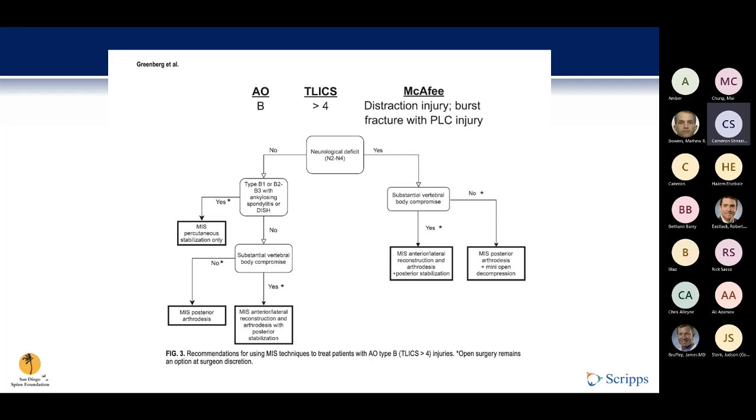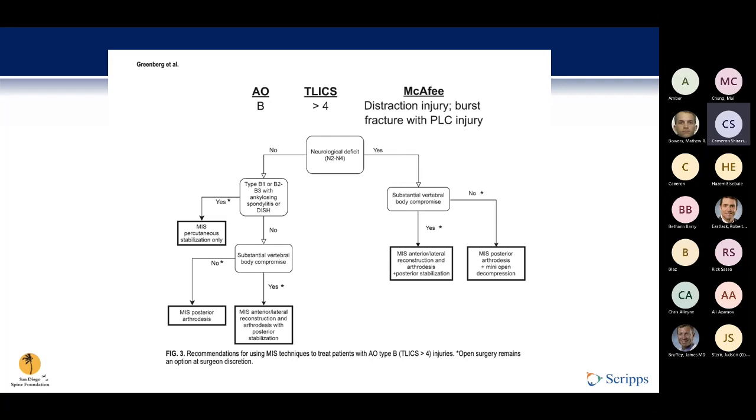If not, then the posterior. And this is where some of these questions come into play, because these are TLICS greater than 4. But if you have no neurologic deficits, and you have a type B1 or B2 to 3 with ankylosing spondylitis or DISH, then yes, you can still treat these with MIS percutaneous stabilization only per the recommendations.